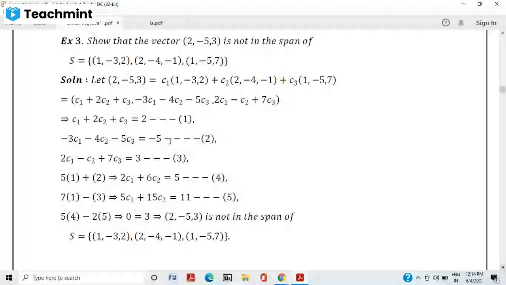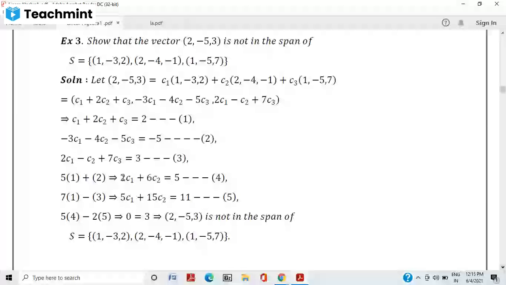Then 10 minus 5 is 5. Next, we will simplify equation 1 and equation 3. In equation 1 it is C3, here it is 7C3. Then what we have to do? We have to multiply equation 1 with 7. Then 7C1 minus 2C1 is 5C1.